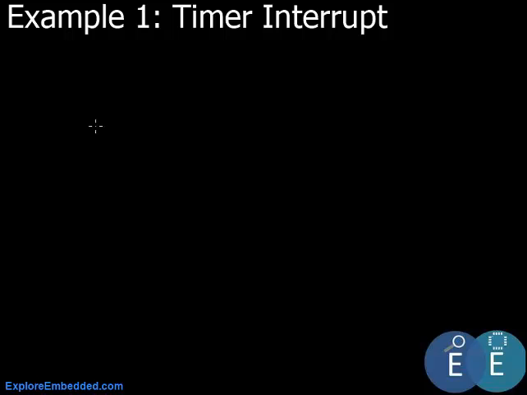Let us move ahead and look at a timer interrupt example. If you remember our example on timers, we generated a delay of 50 milliseconds using timer 0 in mode 1. Mode 1, if you remember, is a 16-bit mode wherein we can count from 0 to 2 to the power 16.